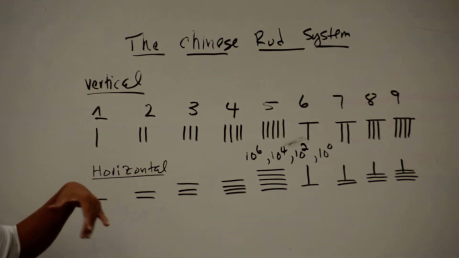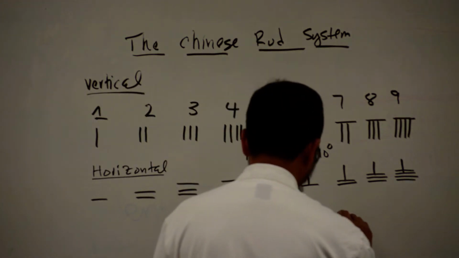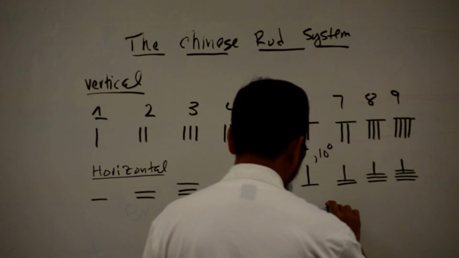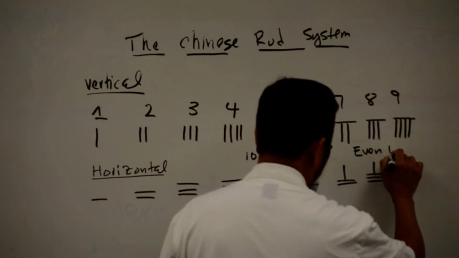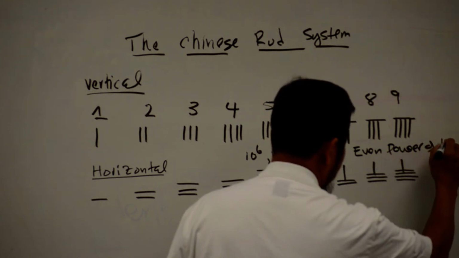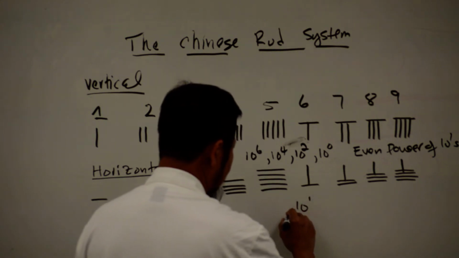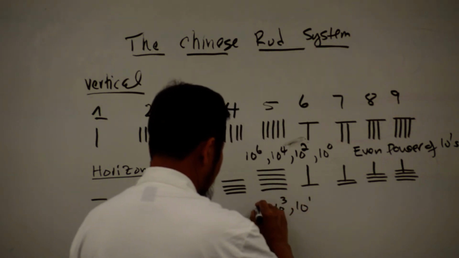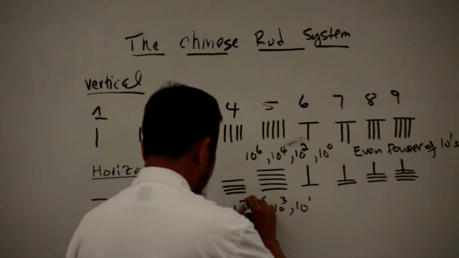In terms of place value, you have to write in that number. So the horizontal arrangement is odd power of 10. Odd power of 10 starts with 10 to the first, 10 to the third, 10 to the fifth, 10 to the seventh.